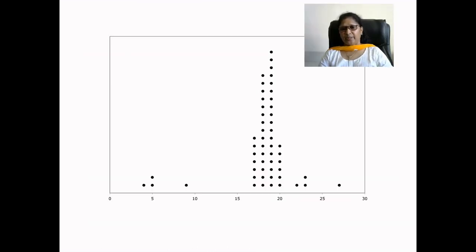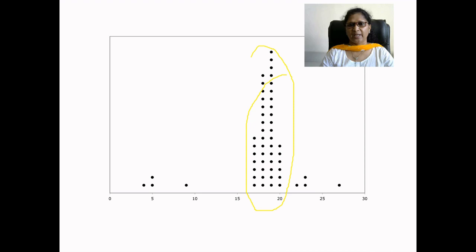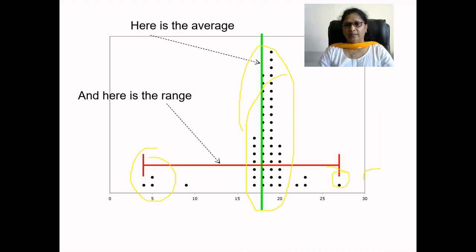Look at this figure. In this figure, we have values ranging from 0 onwards. If you look at the values, you will see that most of the values are at the center, there are some values near 5, some values between 20 and 25, and one value is more than 25. The green line is showing the average, that is, the mean. The red bar is showing the range from minimum to maximum.